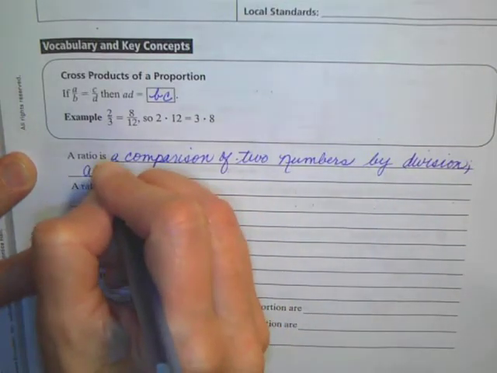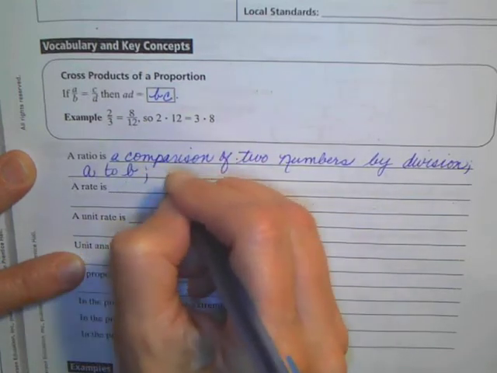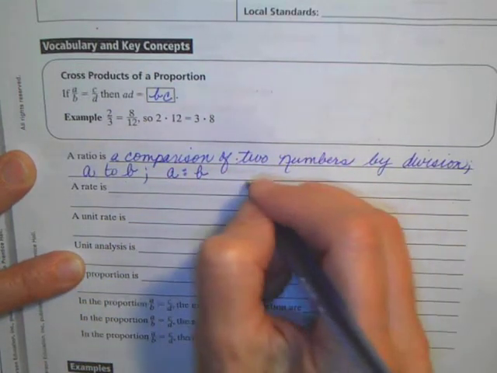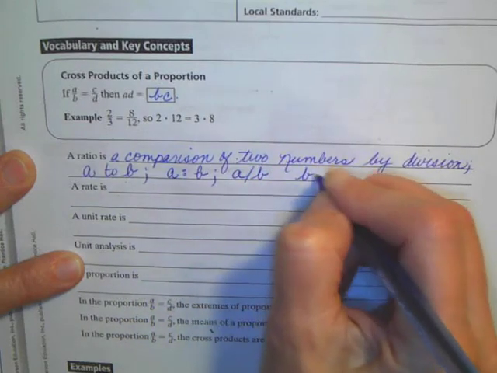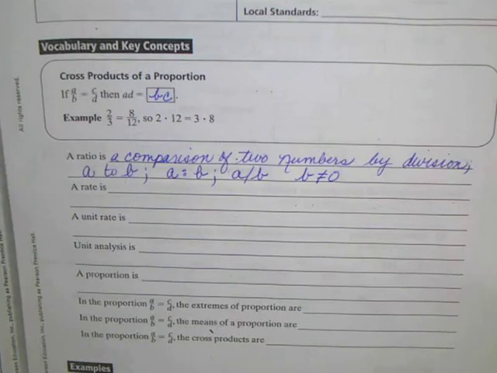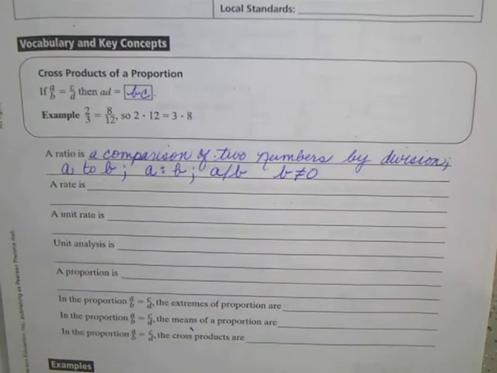And they can be written as A to B with the word "to" in between, A to B with a colon in between, or A over B. B cannot be 0 because division by 0 is undefined, as you will recall.